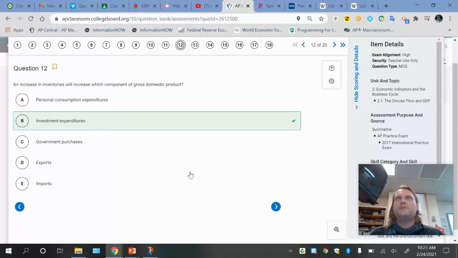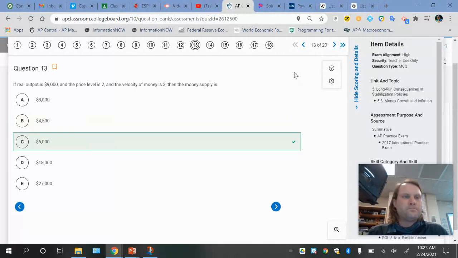And remember, when a business produces something, it can be called an investment because they're hoping to sell it for more than they produced it, right? They put a certain amount of value into producing it. Eventually, they're trying to sell it for higher than what their cost was. Not talking about government, not talking about exports, not talking about imports, just a simple definition term that, again, review the day before the exam and hopefully you're able to knock that out.